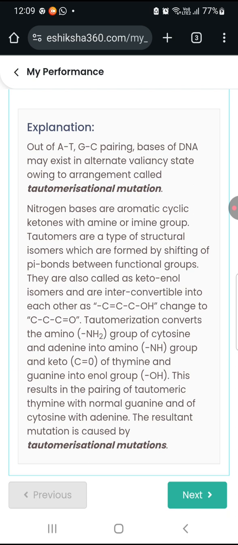This results in the pairing of a tautomeric thymine with normal guanine and of cytosine with adenine. The resultant mutation is caused by tautomerization.